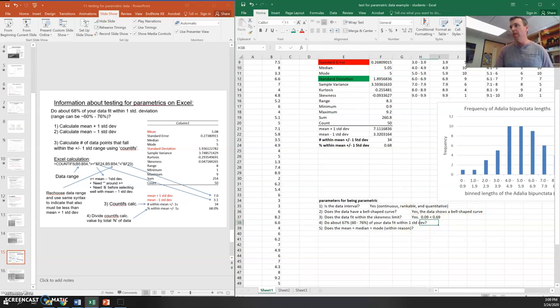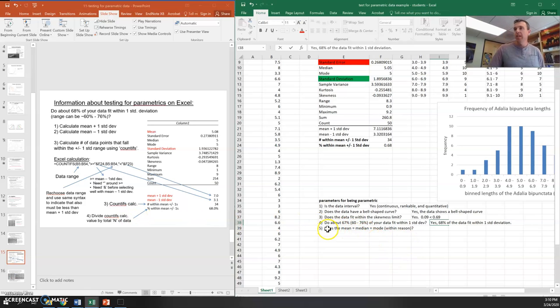And so the answer here is yes. 68% of the data fit within 1 standard deviation. All right. So as you go through this and you're practicing on your own homework and on your own work here, use this slide that I've provided for you because it's going to talk you through all the different parts of those things. All right.